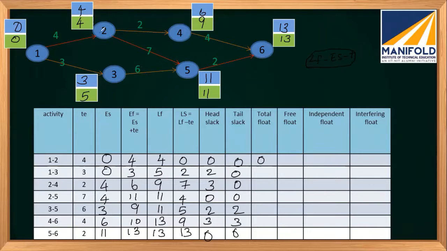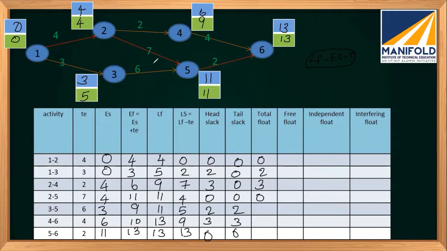For 1, 3, it will be 5 minus 3 minus 0, it will be 2. For 2, 4, it will be 9 minus 2 minus 4, this will be 3. For 2, 5, it will be 11 minus 7 minus 4, it will be 0.